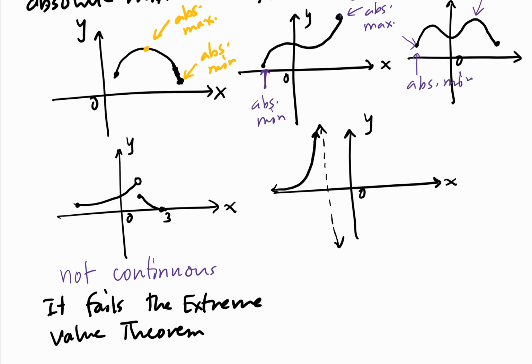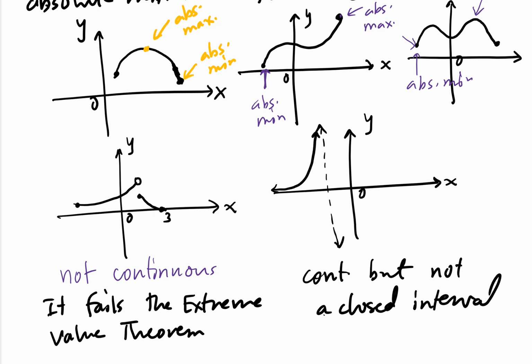What about the next one? Think about it. It's a continuous function, but what? Continuous, but not a closed interval. As you can see, the arrows mean it goes forever. That's what this means. The arrows mean goes forever.